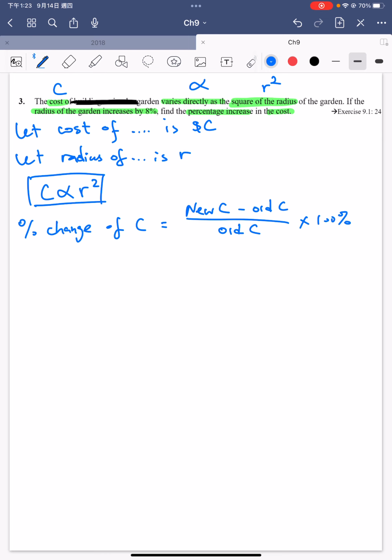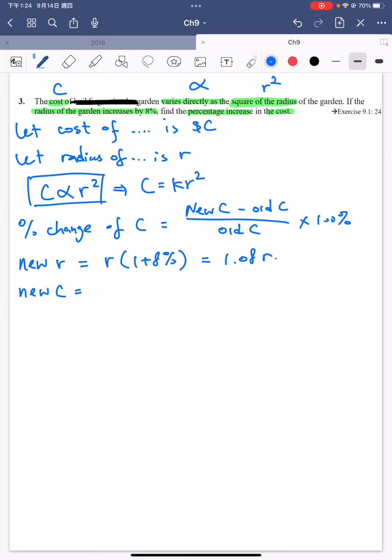First of all, as the radius is increased by 8%, our new radius is the original radius times 1 plus 8%, which gives you 1.08r. That is our new radius. After that, we can find our new cost, because from this formula we have that C is equal to kr squared, isn't it?